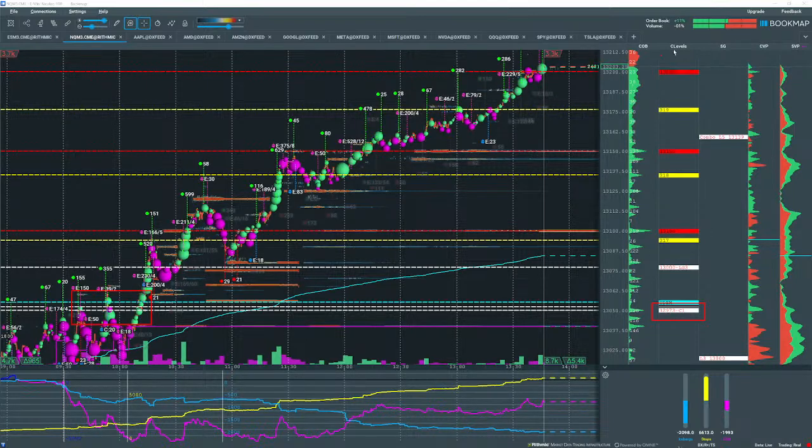So I'm showing that in my Cloud Notes column here. So the break above the volatility trigger, upper edge of the daily expected move, and then it's off to the races for NASDAQ as well.